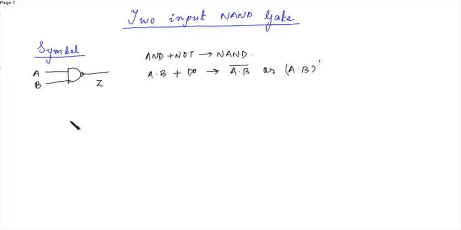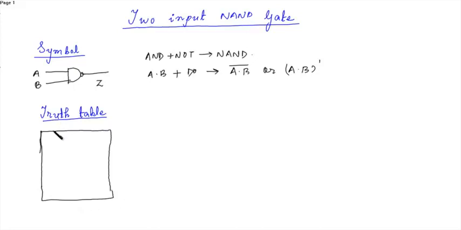Now the truth table of a NAND gate is written as, let's say, the input A, B, and the output.